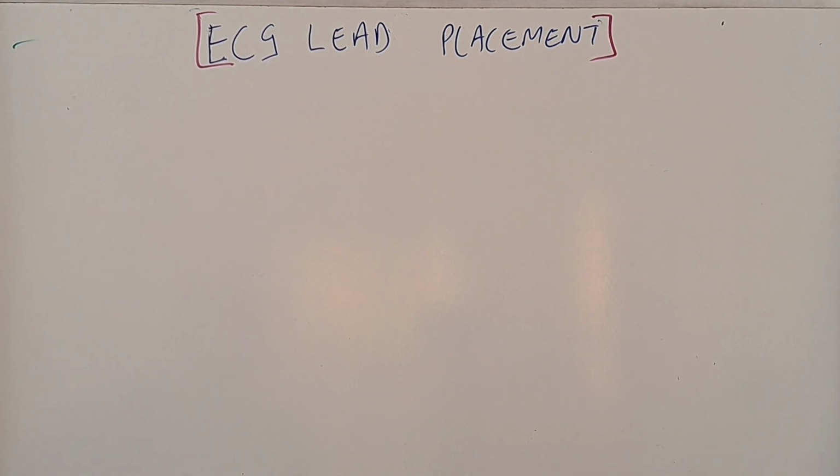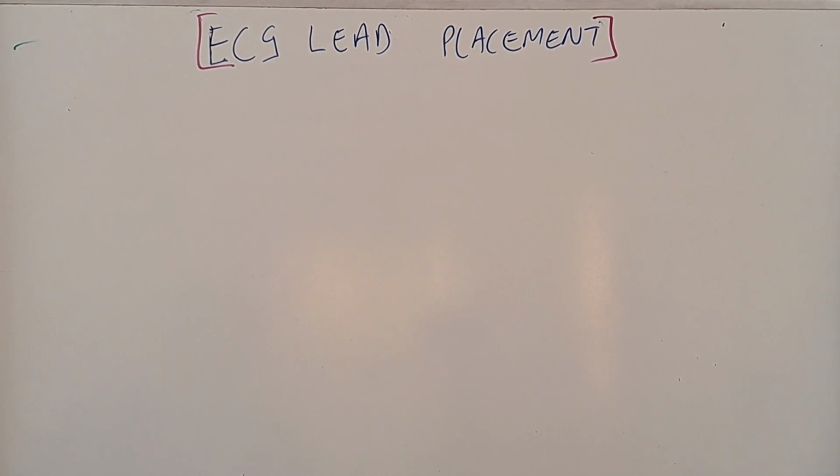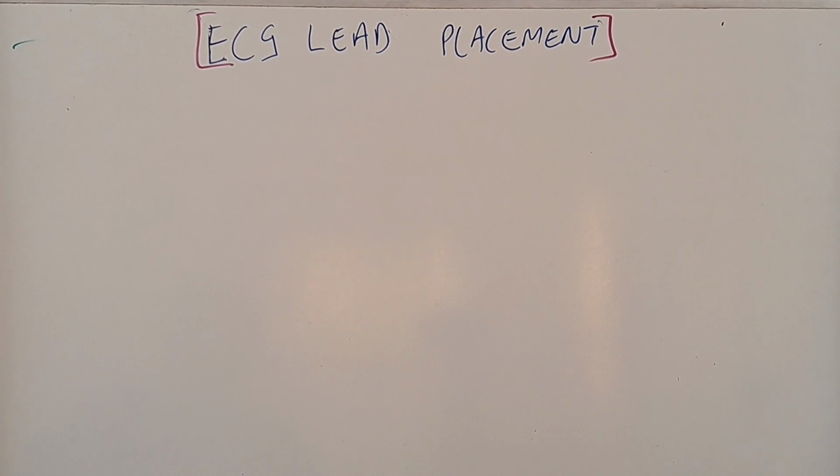So guys, in this video, I want us to talk about how to place the ECG leads, or the electrodes, correctly, so that we can get a good reading or a correct tracing.